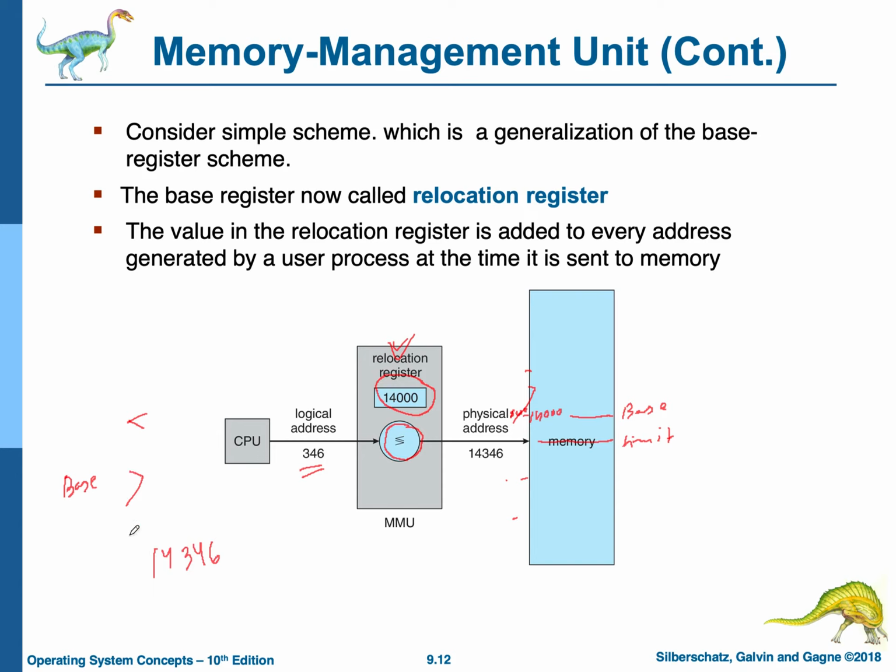Now we see that 14,346 is greater than the base. The base is 14,000, yes, it's greater. The next thing is the limit. When we add this, 14,346 is less than the limit.